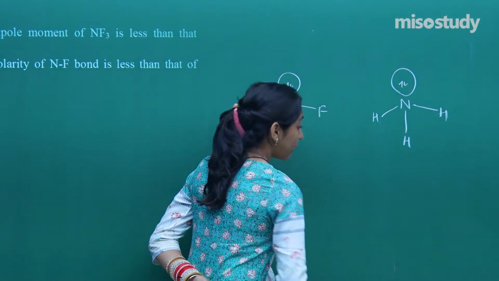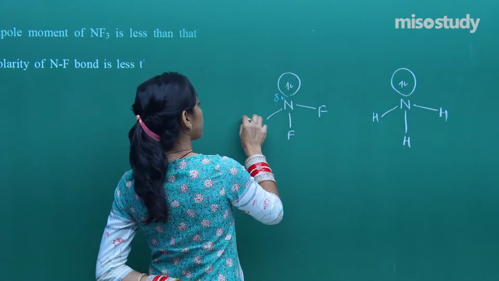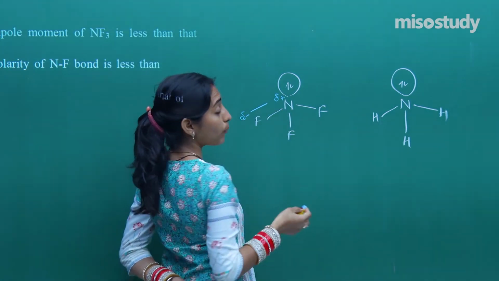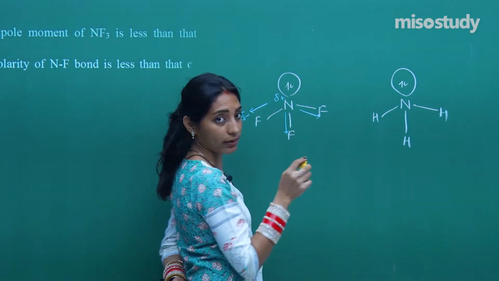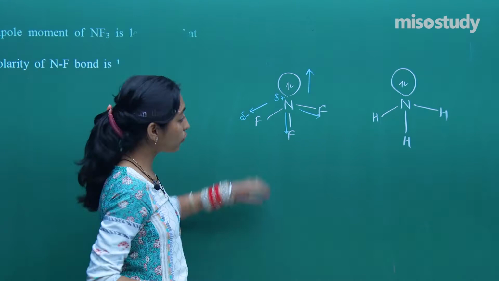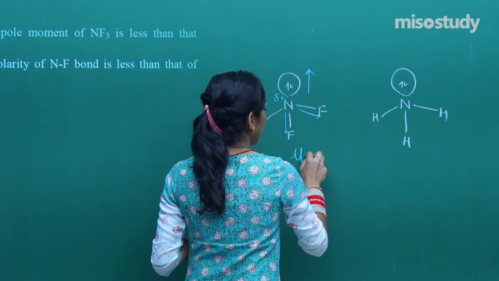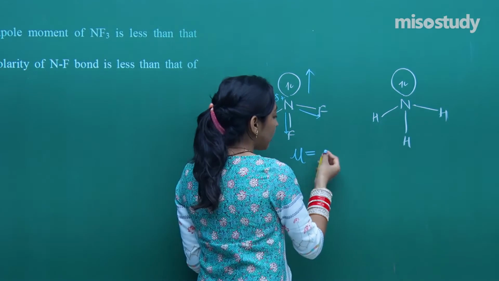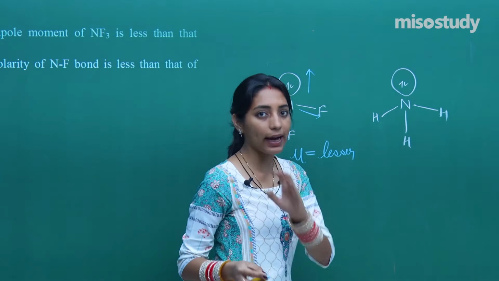Now see, nitrogen is delta positive compared to fluorine. So the dipole will be from positive to negative, in the downward direction, right. And then this lone pair is there in the upward direction. So the two dipole moments will somewhat cancel out each other and we will say mu will be a lesser value, okay, because they are getting cancelled.